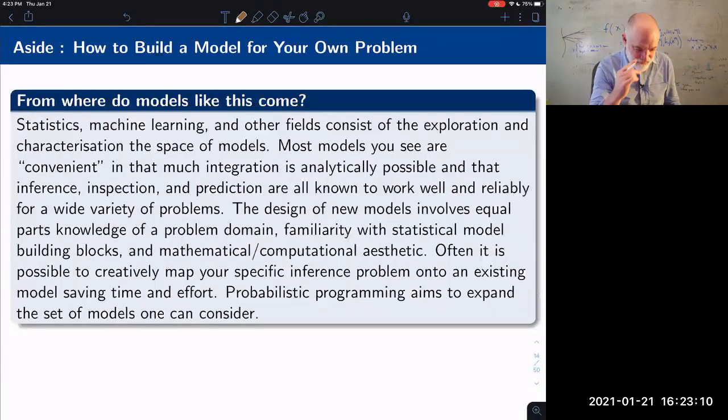Okay. The big question is, how do you build a model for your own problem? And this is one of the strongest selling points for probabilistic programming, that quite often it's easier for people to think about generative models in programming language form than it is to think about them in terms of distributions that you might not be familiar with. If you don't know what the inverse Wishart distribution is, you're going to have an issue, right?